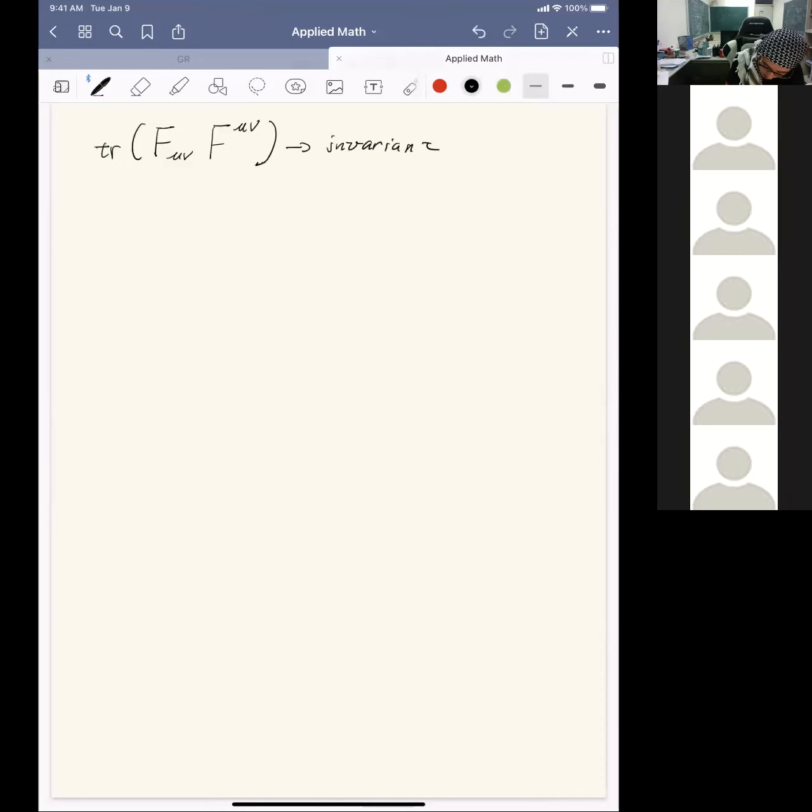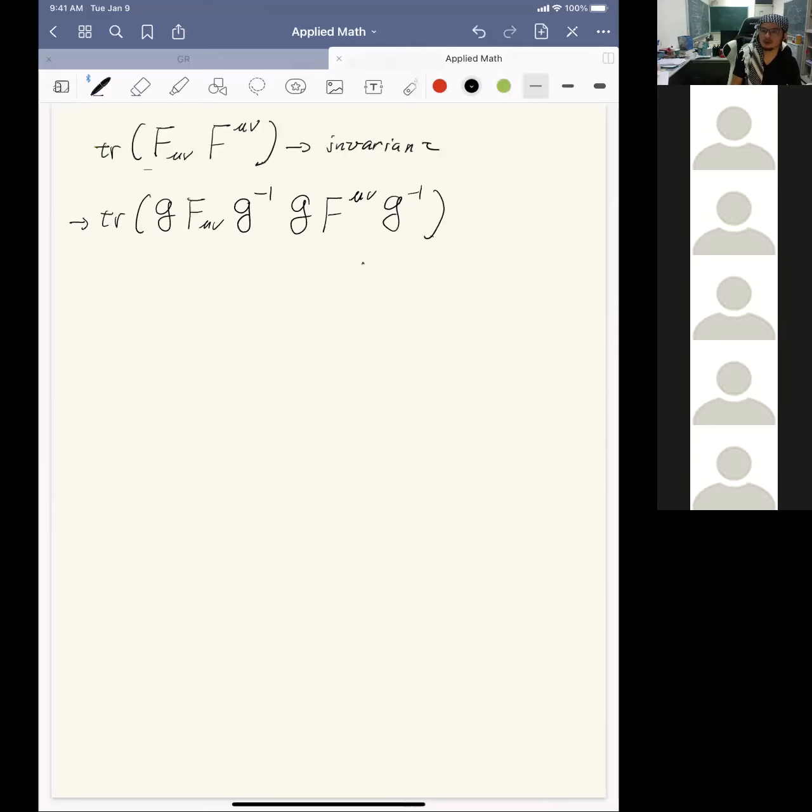Because under the transformation, the trace of F_μν F^μν becomes the trace of G F_μν G^{-1} G F^μν G^{-1}.